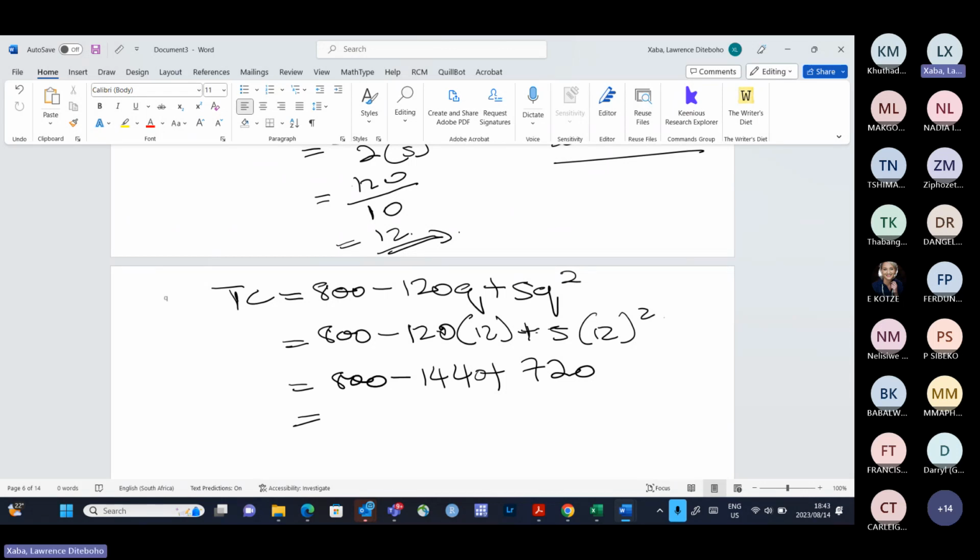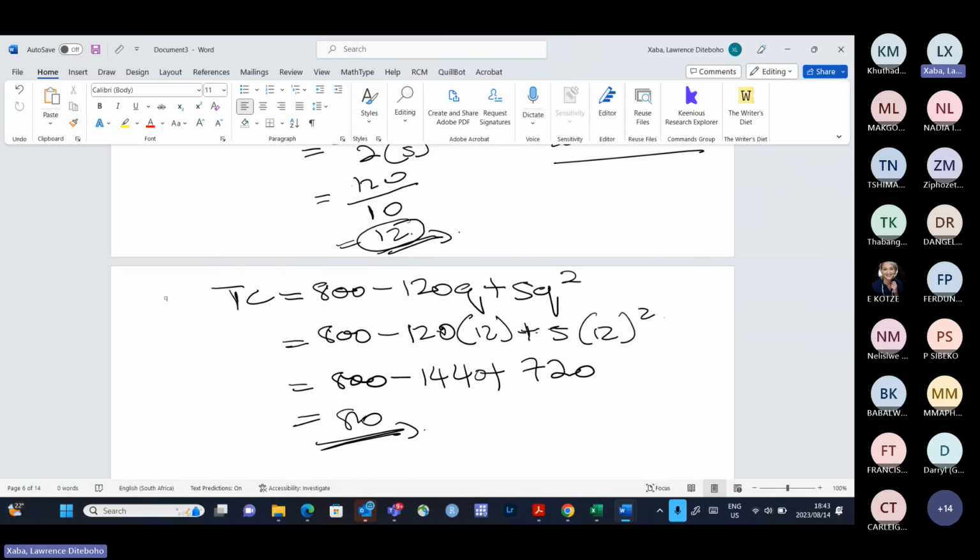and 800 minus 1440. So that's our total cost. So from there, you can use the given information to come up with your Cartesian plane, where you can see that it means it passes through 800, then it goes down, where our turning point is made up of 12 units.